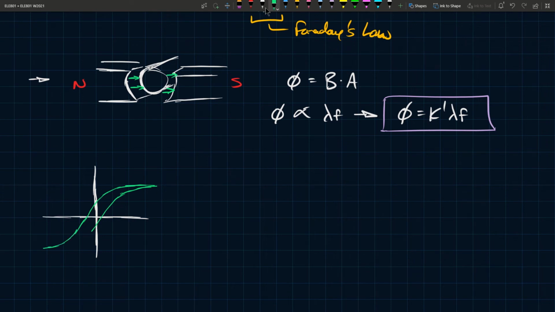We're not going to use exactly this curve because they're tedious to work with and not entirely necessary here. This is the flux density, and this is H, which is proportional to I, and this is proportional to phi. Since phi and lambda F are proportional, we expect the relationship of lambda F and IF to also follow this curve.